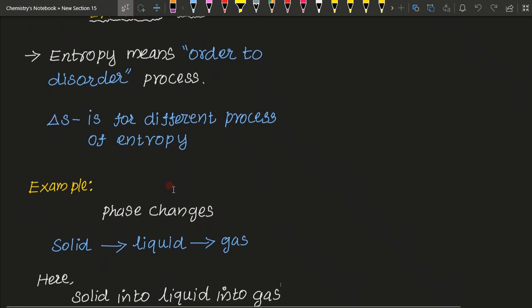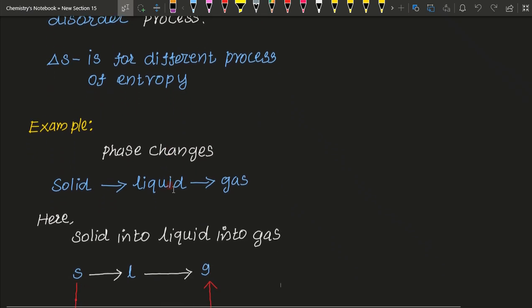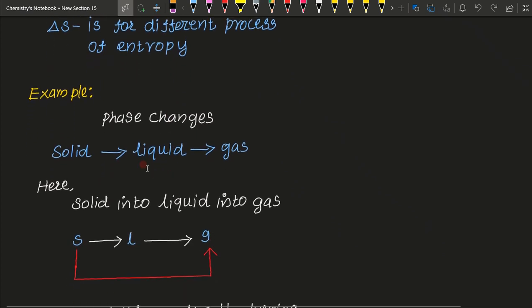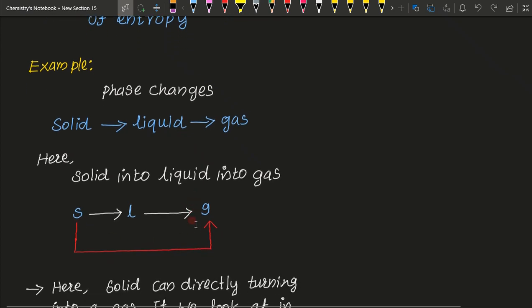Example, phase changes. See, solid to liquid, liquid to gas. Here solid into liquid into gas. In this process you can see solid going to gas.